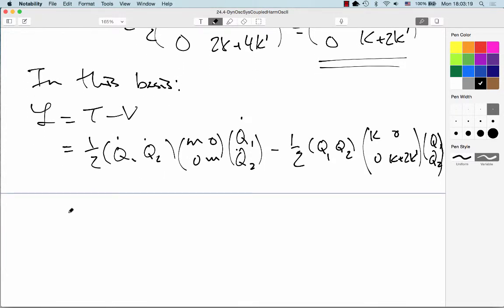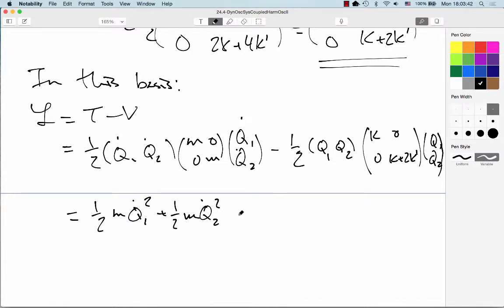So let's actually do the matrix multiplies. When you do this, you're just going to get a column vector of M Q1 dot, M Q2 dot. And this becomes 1/2 M Q1 dot squared plus 1/2 M Q2 dot squared.